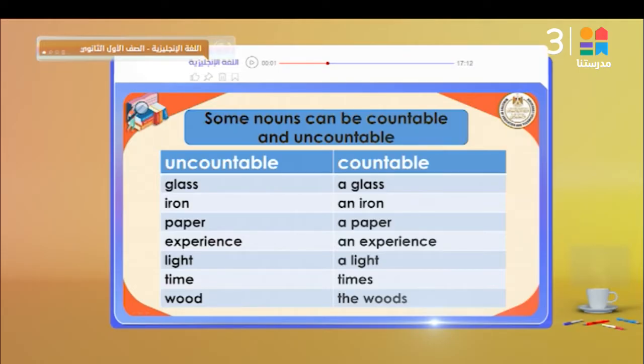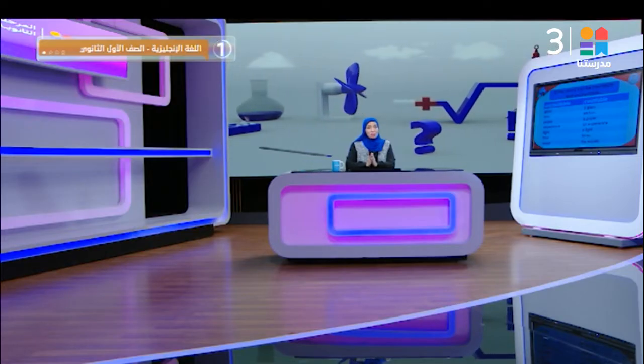Again, the word experience. Experience can be countable. It means situations which we have in our life. But when we talk about work experience, it's uncountable. So I can say the job of a teacher needs much experience. So we say much, not many, much experience. But if I say I'm old enough and I have many experiences, we can say Yahya Haqqi wrote about his experiences.